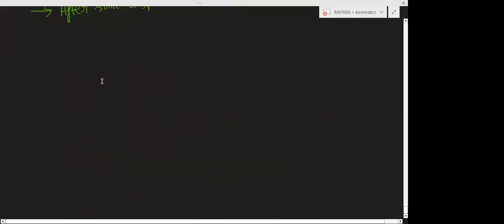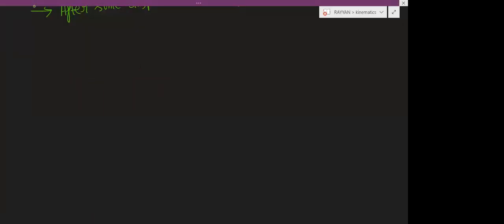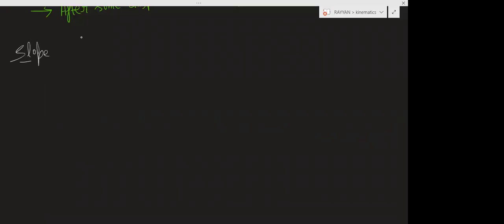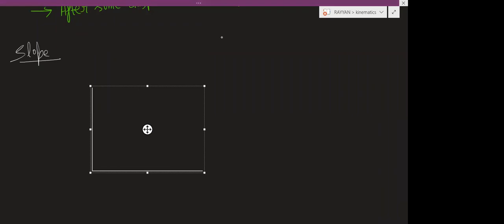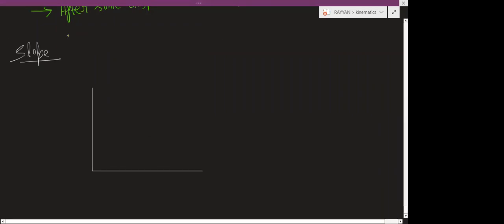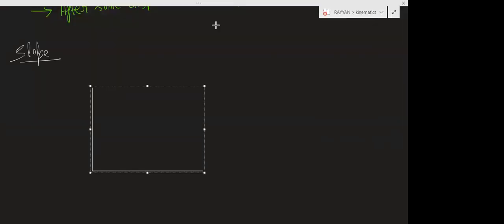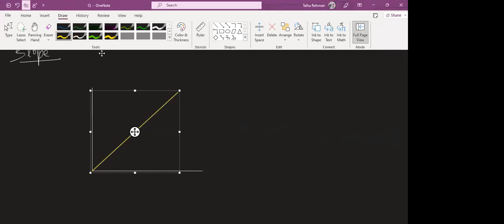So after this, first we will discuss slope and then we will discuss another type of graph. Do you know about slope? Little bit, yeah. Okay. So if there is a graph like this, suppose like this also, it can be another type of graph.